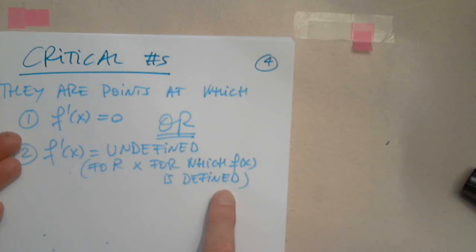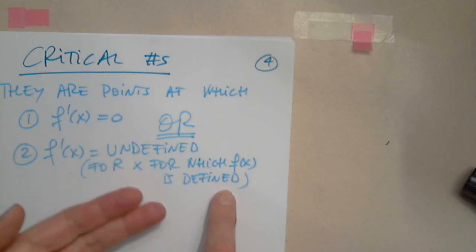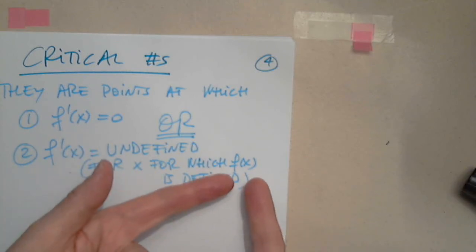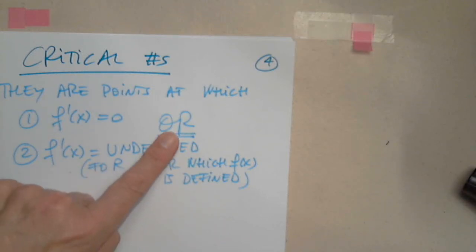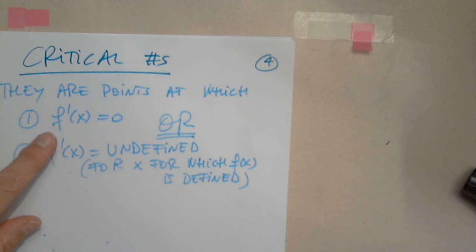In other words, a function cannot have a critical number when the derivative is undefined and it itself is not defined. So a function has a critical number where it's defined and at the same time the derivative is undefined, or where f prime of x is 0.